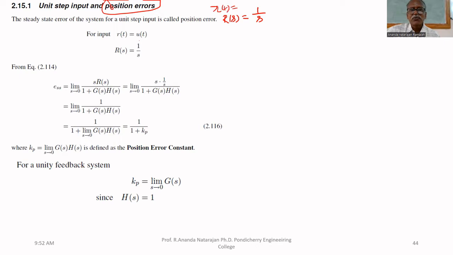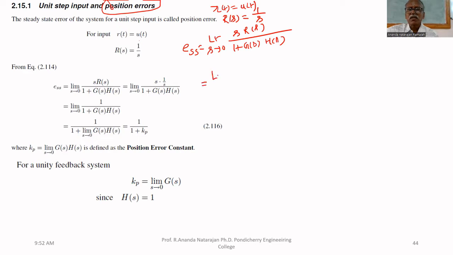R of t equals what? Unit step input, u of t. If R of t equals u of t, then R of s equals 1 upon s. We have to find the steady state error. Steady state error equals limit s tends to 0, s R of s upon 1 plus G of s, H of s.